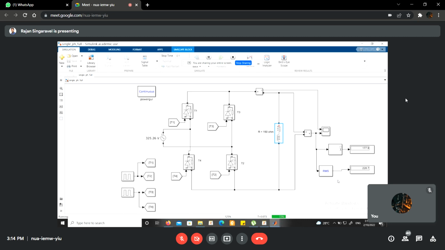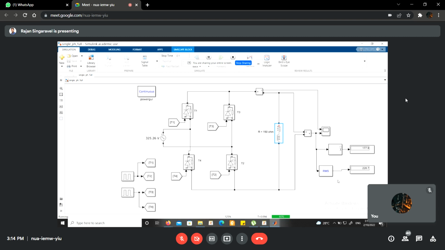But at the same time, when you increase your inductor value such that the current lags the voltage by a very great angle, like 30 degree or 40 degree or 50 degree, say that the current is lagging the input voltage by 50 degree, but your firing angle is just 30 degree.